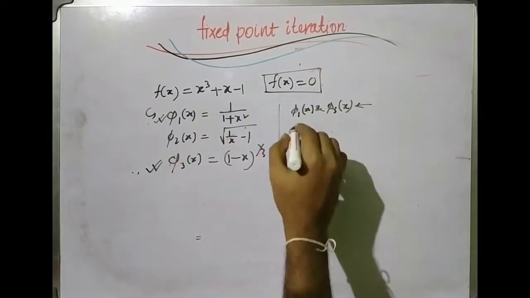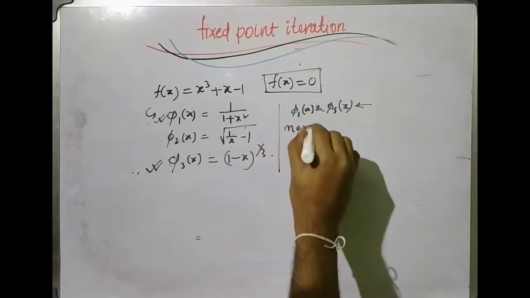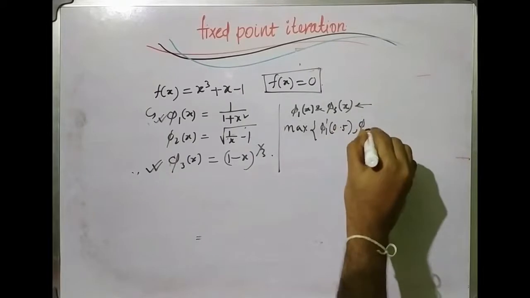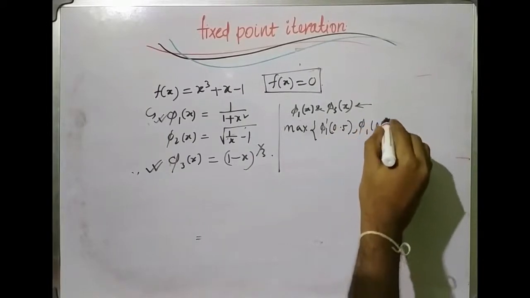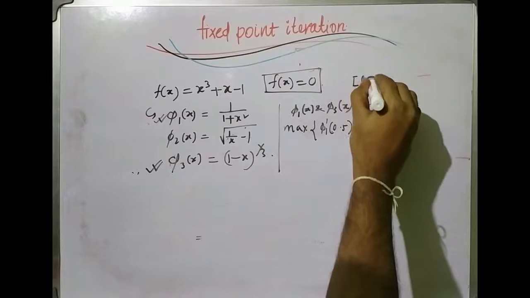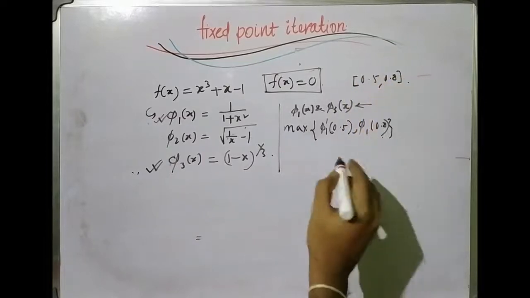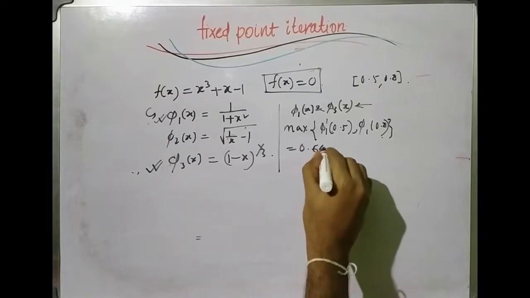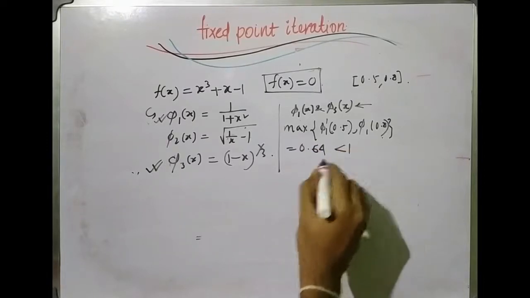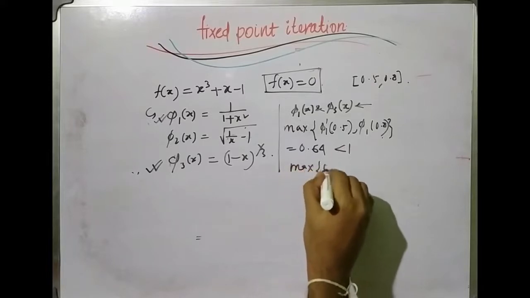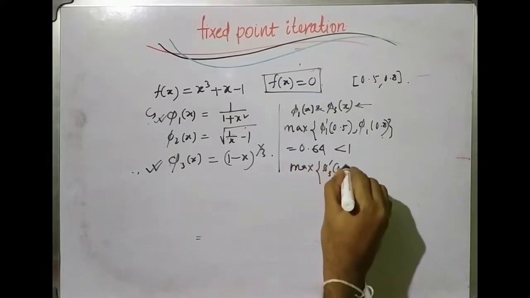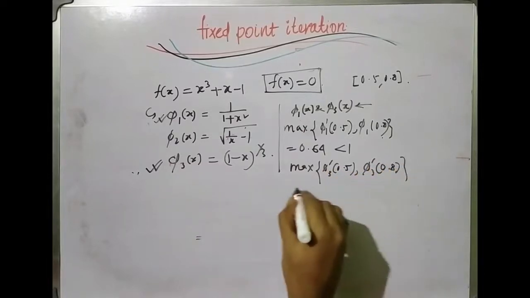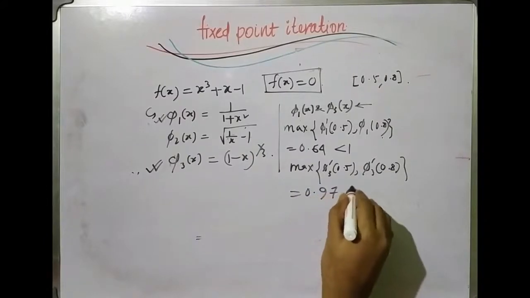So when I calculated the max of phi 1 dash over the interval 0.5 to 0.8, it gave us 0.64, which is less than 1, and also for phi 3 dash over 0.5 and 0.8, we got 0.97, which is less than 1 also.